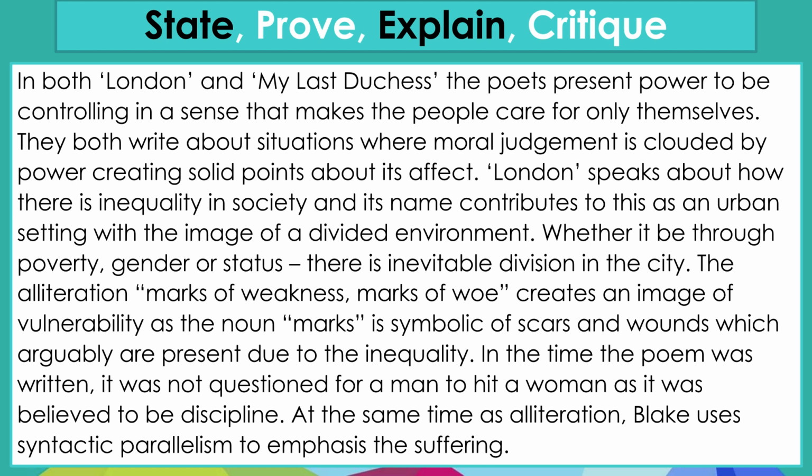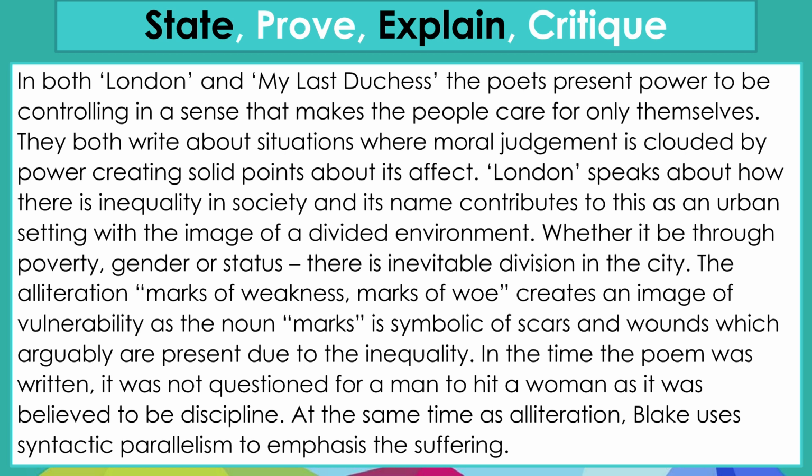Whether it be through poverty, gender, or status, there is inevitable division in the city. The alliteration marks of weakness, marks of woe creates an image of vulnerability as the noun marks is symbolic of scars and wounds, which arguably are present due to the inequality. In the time the poem was written, it was not questioned for a man to hit a woman, as it was believed to be discipline. At the same time as alliteration, Blake uses syntactic parallelism to emphasise the suffering.